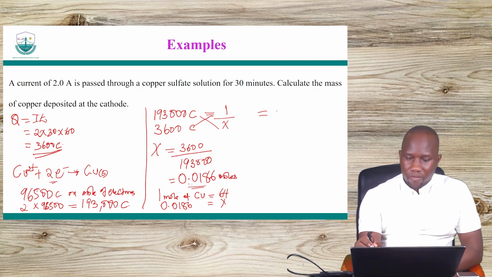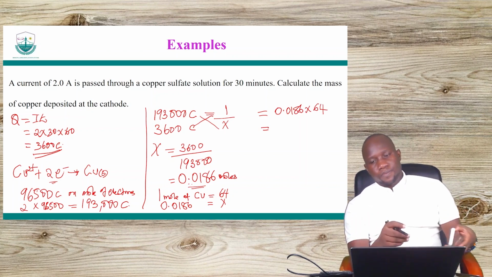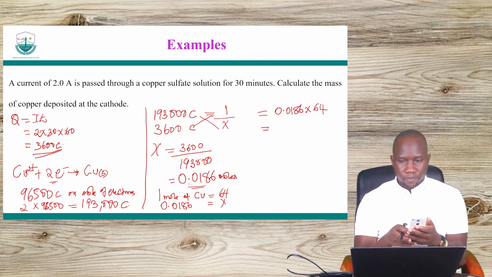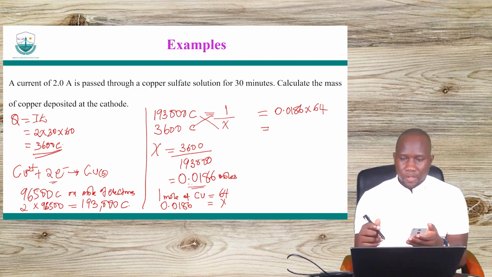So the mass will be 0.0186 times 64. So you get 1.19 grams.